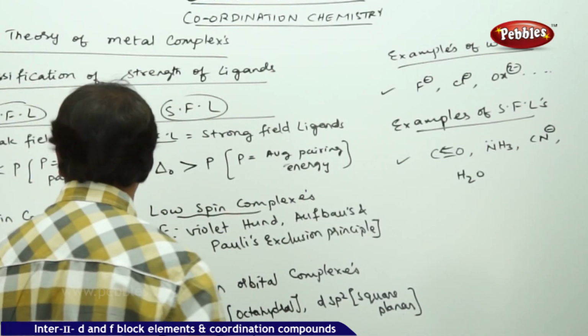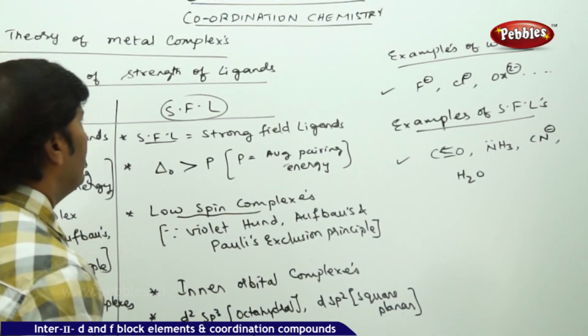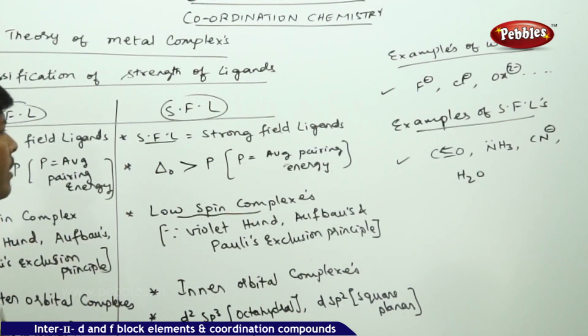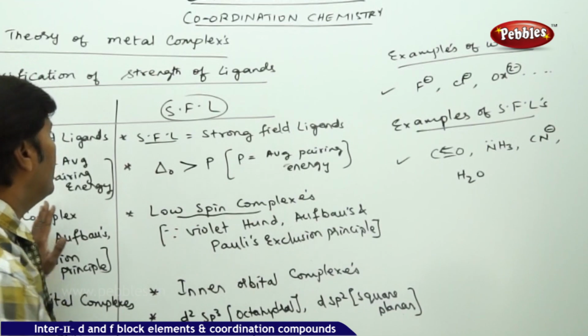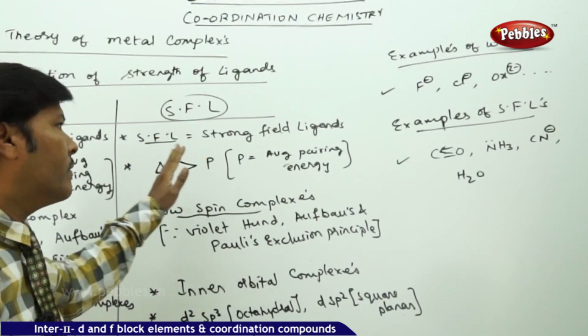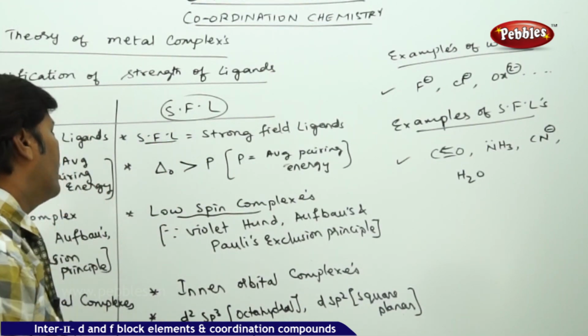So here what we are noticing is that we have to select those complexes which are under the category of weak field ligands, and those complexes which are under the strong field ligands.